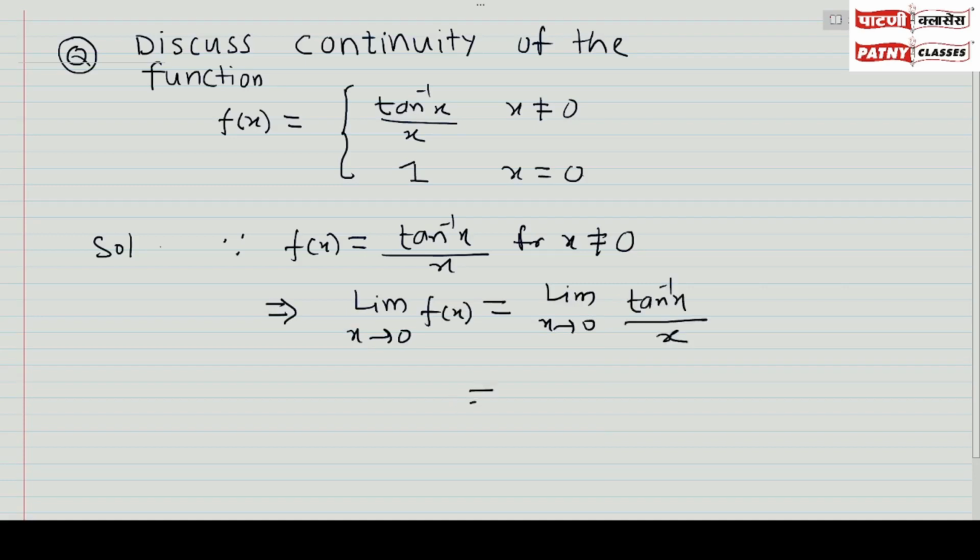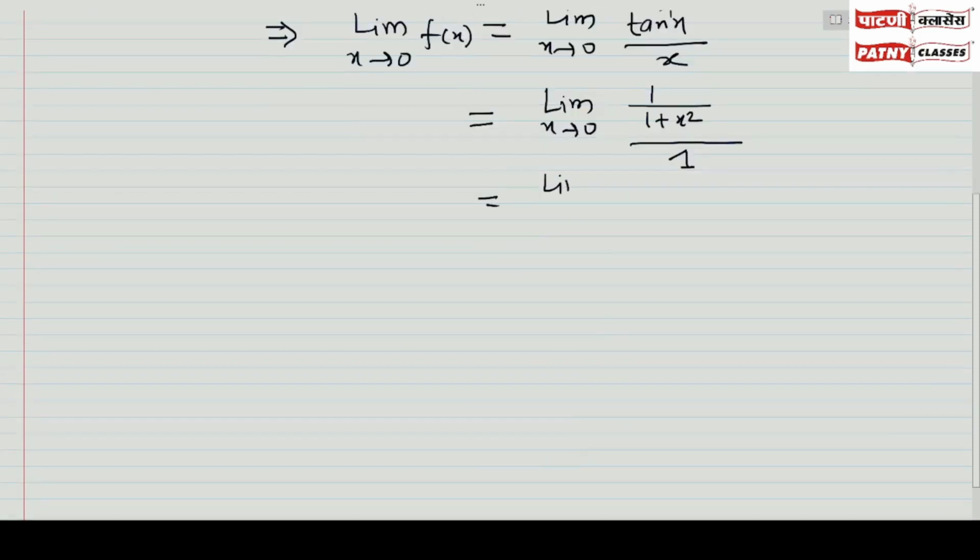To find the limit of this function, we use L'Hospital rule, that is limit x tending to 0, derivative of tan inverse x is 1 upon 1 plus x square and derivative of x equals 1. Therefore, it becomes limit x tending to 0 1 upon 1 plus x square.